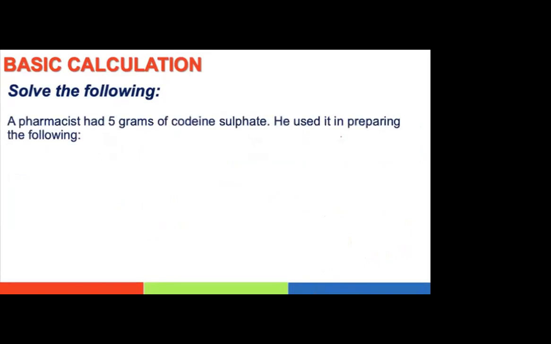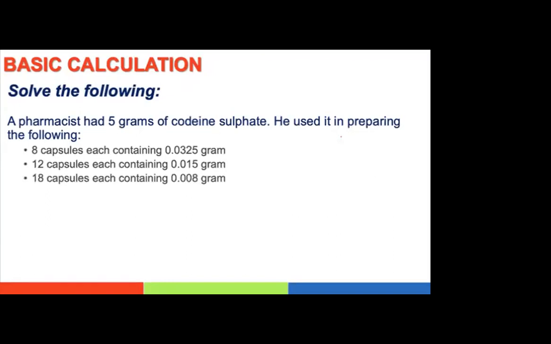Okay. Sige, but addition, subtraction, multiplication tayo. A pharmacist has 5 grams of codeine sulfate. Use it in preparing the following: 8 capsules each containing 0.0325 grams, 12 capsules each containing 0.015 grams, and 18 capsules each containing 0.008 grams.